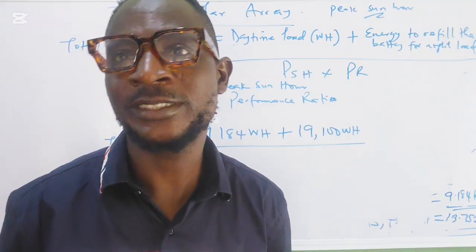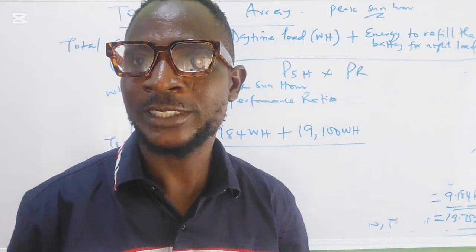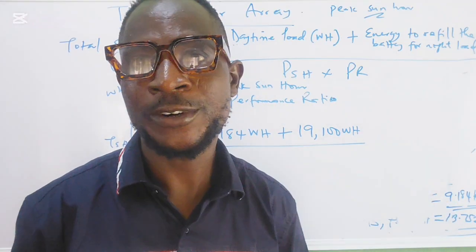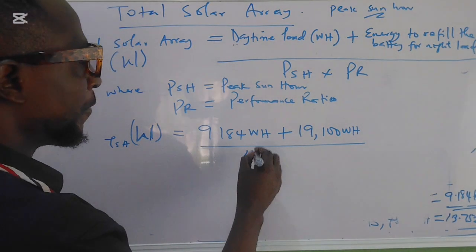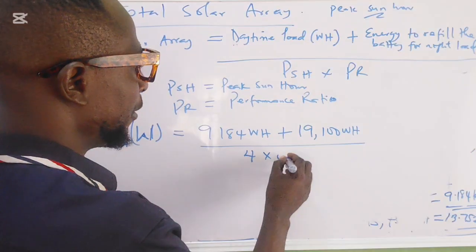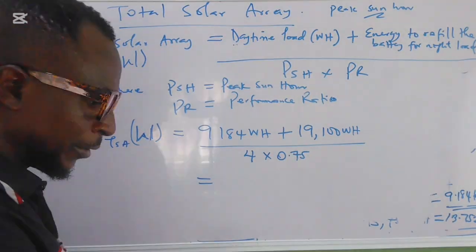In another part you can use 5 hours. We're in the southern part of the country, so it's best for us to use 4 hours. That means we have 4 hours times the performance ratio of 0.75.